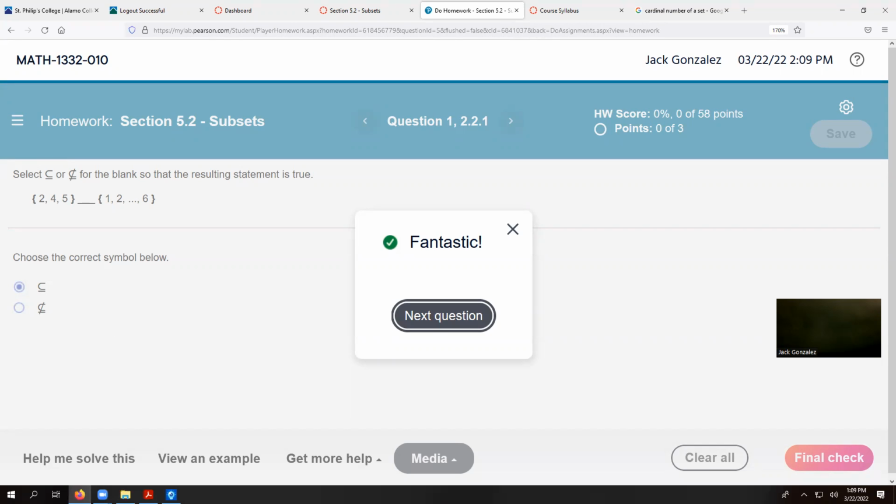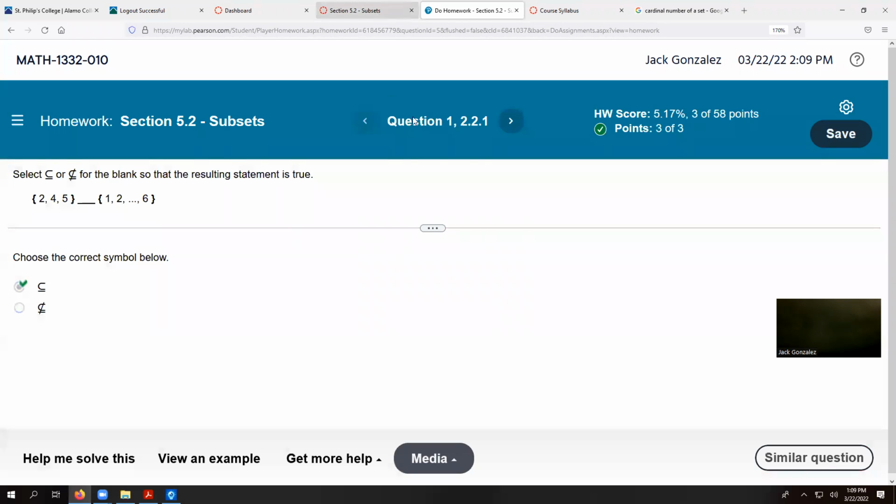Then they'll have questions about Venn diagrams. Let's move on to that, I think.